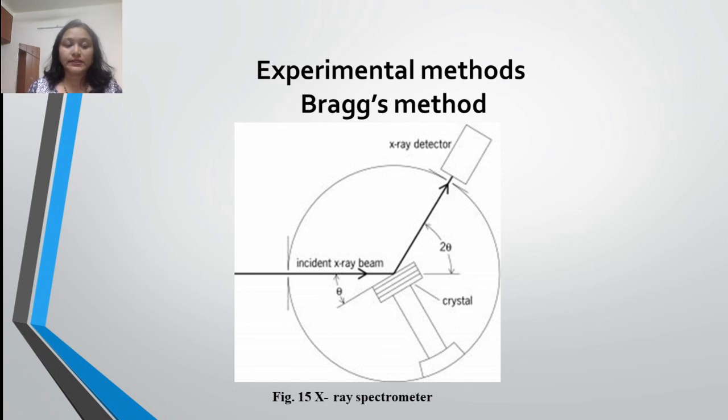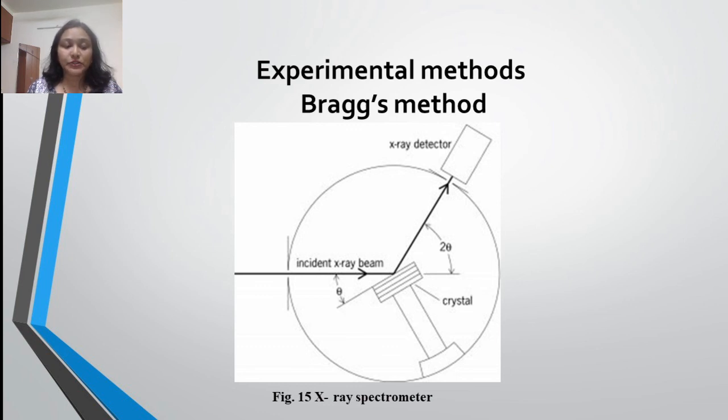The rays fall on the surface of the crystal and get reflected to the detector, where the intensity of the reflected beam is detected. The corresponding intensity is recorded and plotted as a function of angle of incidence.